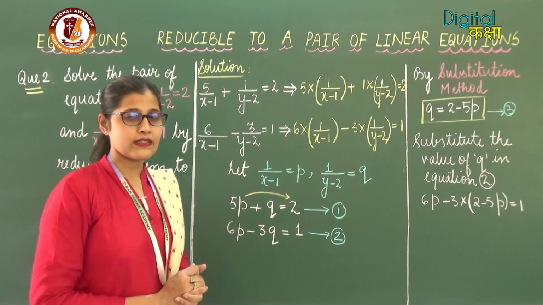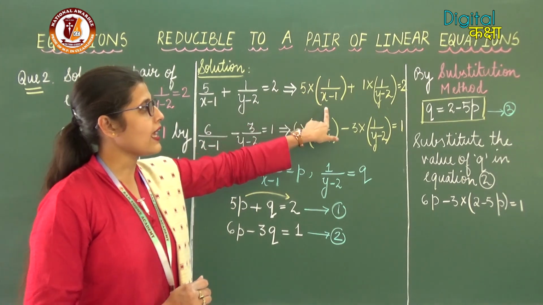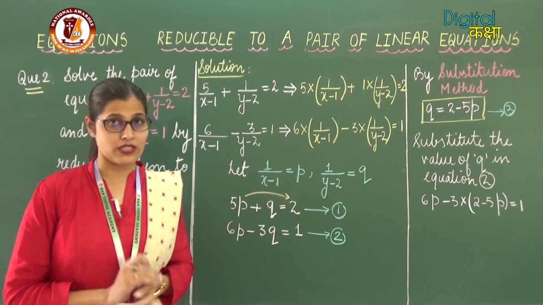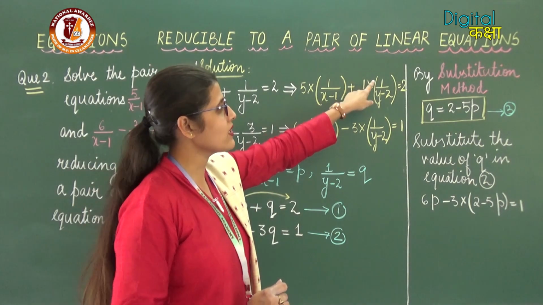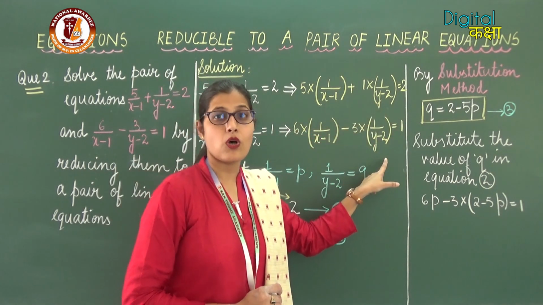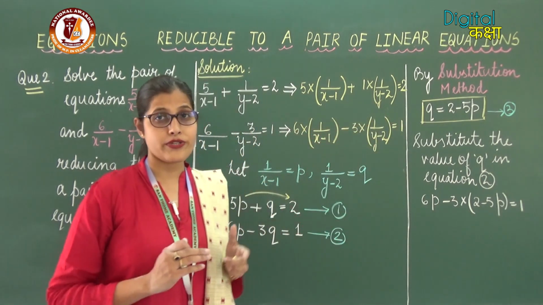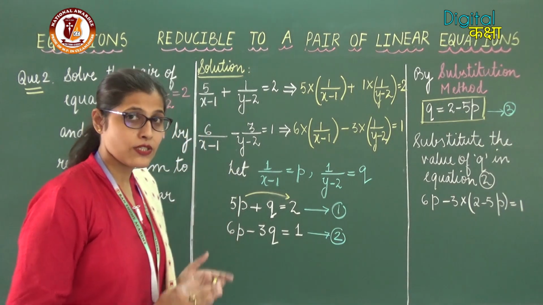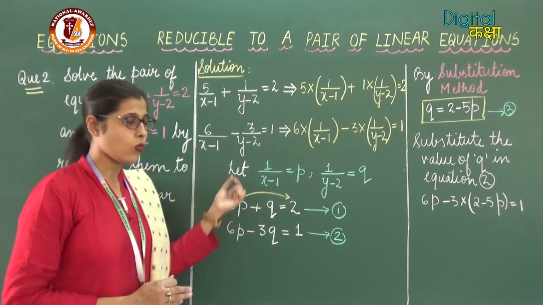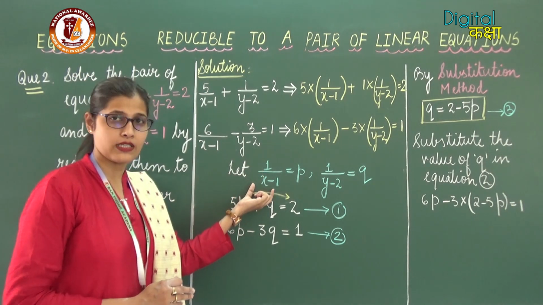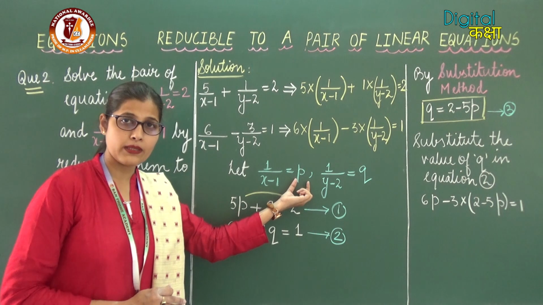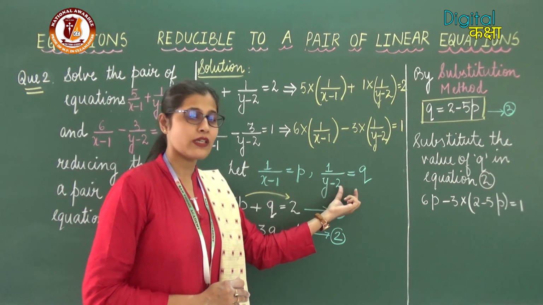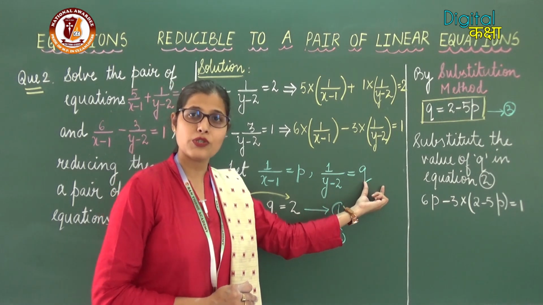Now you can see that 1 upon x minus 1 is common in both the equations, as well as 1 upon y minus 2 is also common in equation 1 and equation 2. So, we will assume the value of 1 upon x minus 1 equals to variable p and 1 upon y minus 2 equals to variable q.